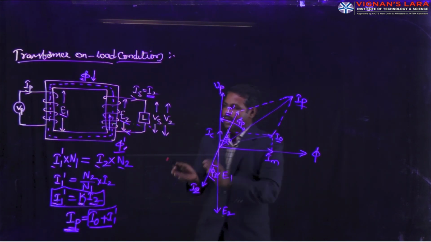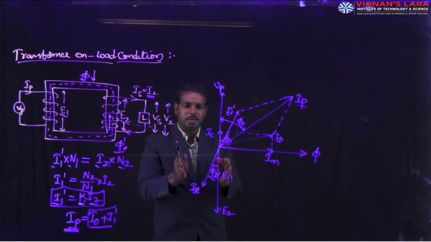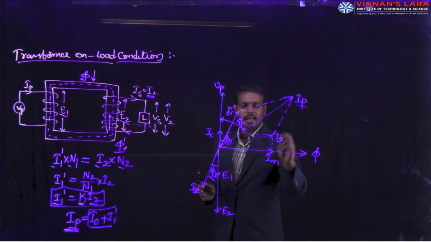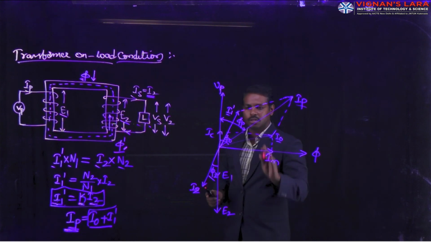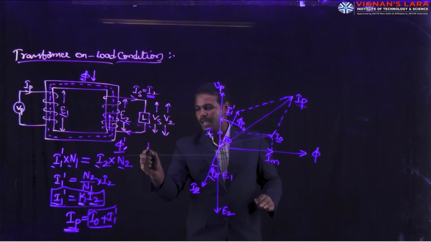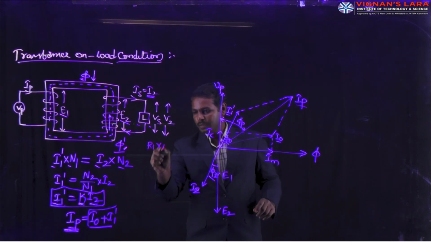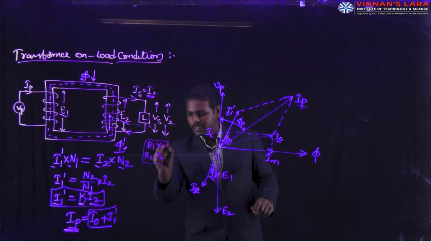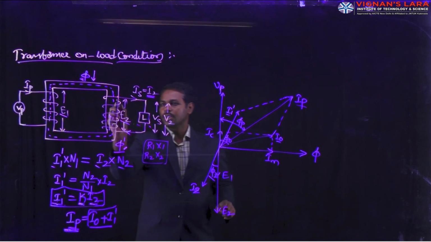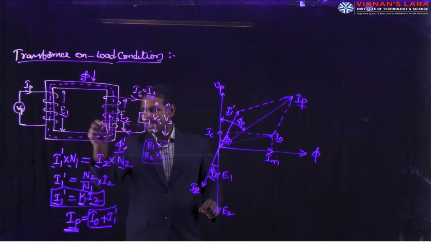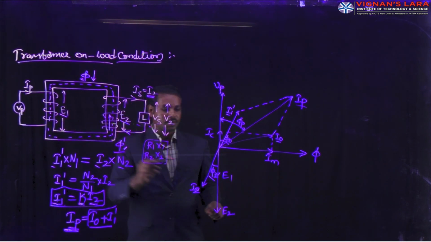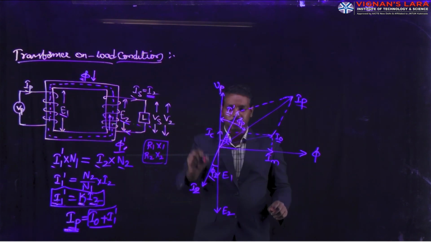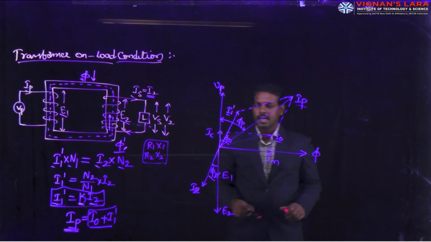After understanding the concepts of the transformer, we can easily draw those notations, R1, X1, R2 and X2. Since these four components are ignored here, we can easily understand the phasor diagram of a transformer.